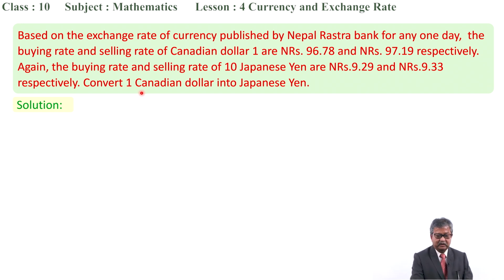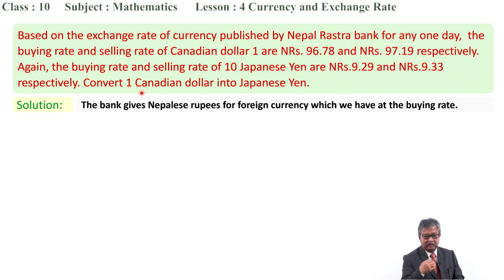Good. The bank uses the buying rate because the bank buys the Canadian dollar, isn't it? Yes. So the bank gives Nepalese rupees for foreign currency at the buying rate. So what is the buying rate of 1 Canadian dollar? The buying rate of 1 Canadian dollar is 96 rupees 78 paisa.